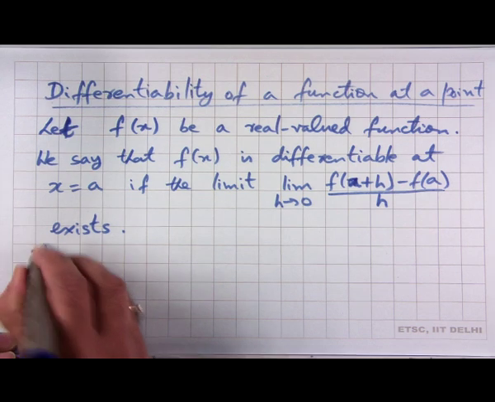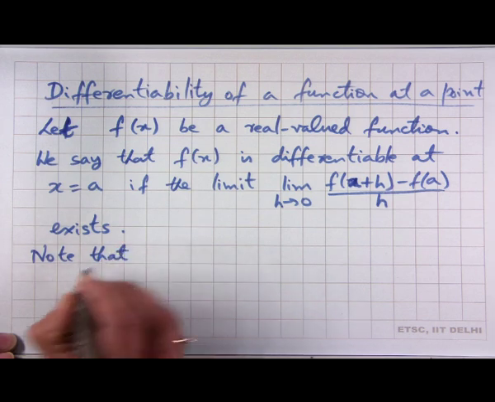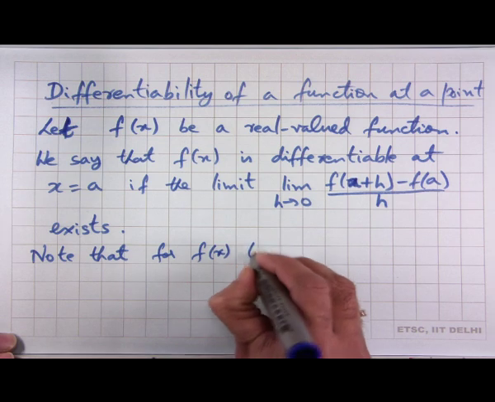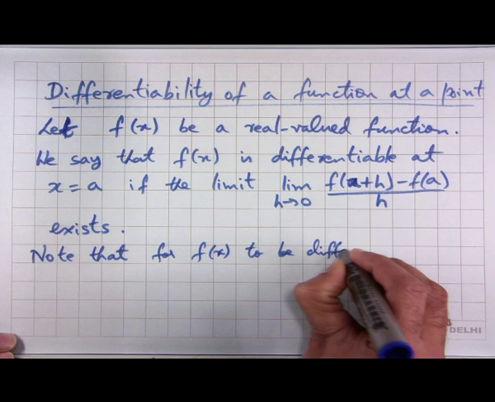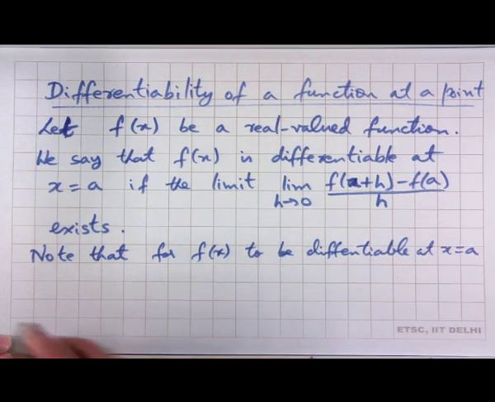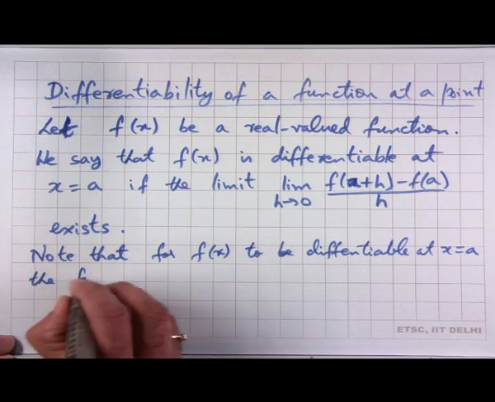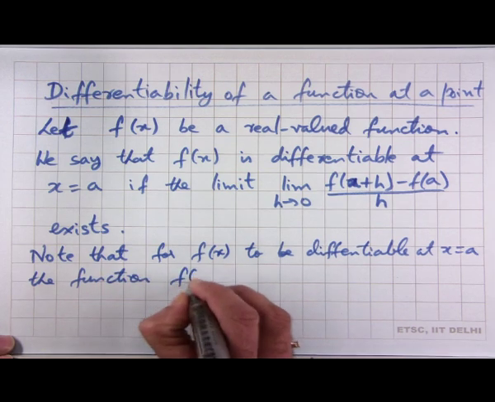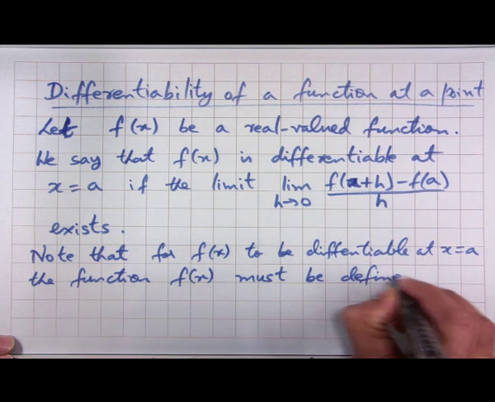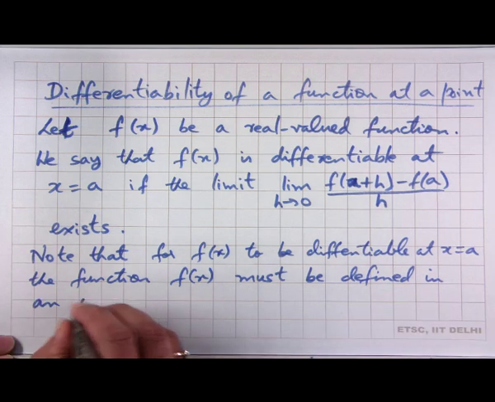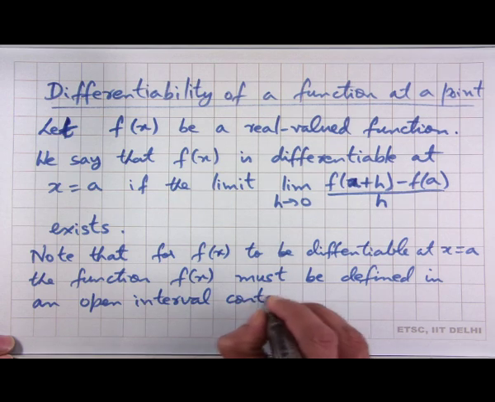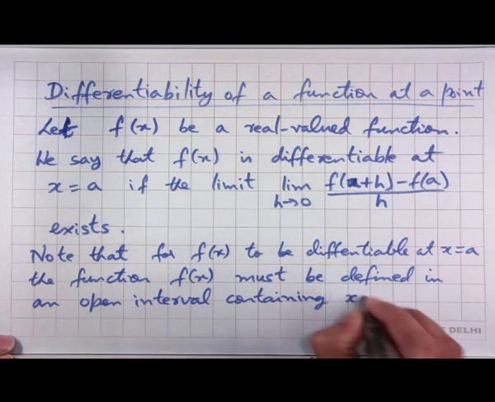So, note that for f of x to be differentiable at x equal to a, the function f of x must be defined in an open interval containing x equal to a.